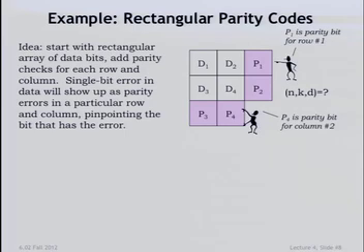And for the columns, similarly, P3 will be chosen such that D1 and D3 and P3 together have even parity. In other words, the number of 1s in that column is even. Again, the same thing for this column. So what you're trying to do is sort of have sentries on the rows and columns that will signal when something has happened to a bit at the intersection. That's the general idea here.